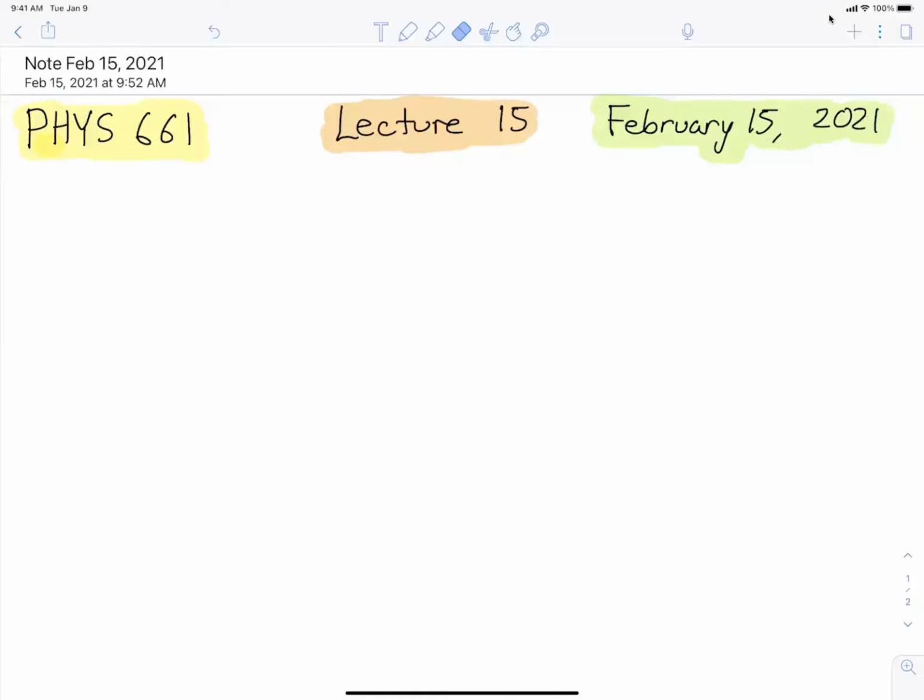Okay, good morning, everyone. So last time we started talking about identical particles, and let's say we have n of them. So for n identical particles, we can assume that we can label these particles by their complete set of commuting observable labels, which we are generically calling alpha.